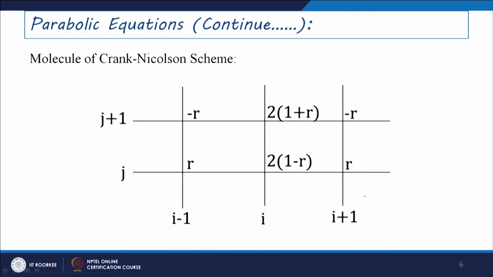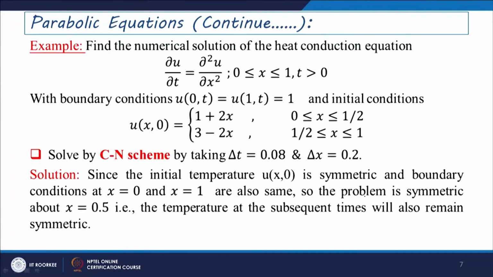If you go for the solution of this problem based on certain conditions prescribed initially, and these conditions are prescribed at the boundaries, then we can directly obtain the solution. For this we have considered a practical example where symmetry occurs at the center line.